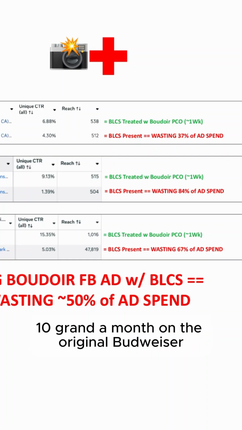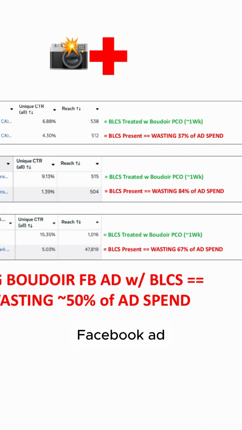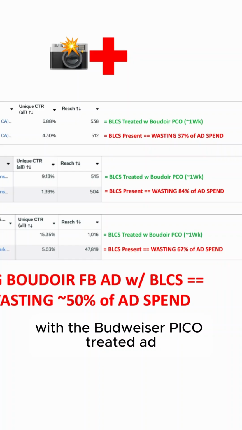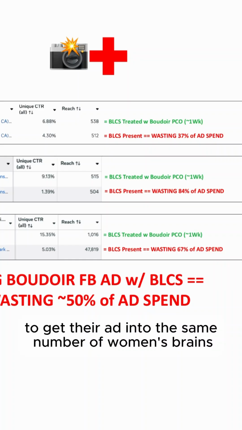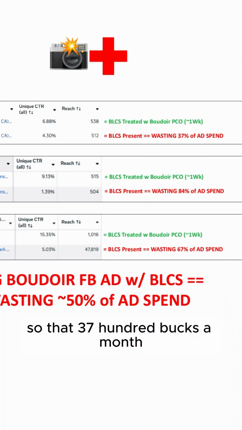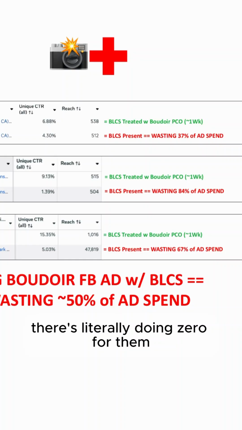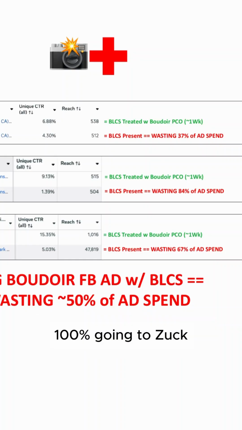That means if they're spending 10 grand a month on the original Boudoir Facebook ad, they now only need to spend $6,300 a month with the Boudoir Pico treated ad to get their ad into the same number of women's brains. So that $3,700 a month is literally doing zero for them. 100% going to Zuck.